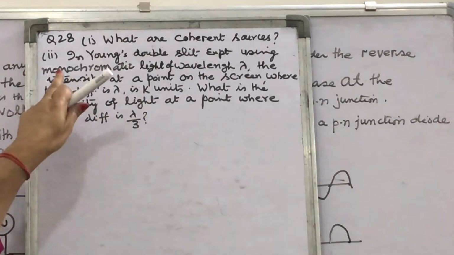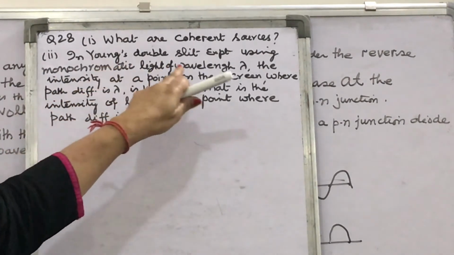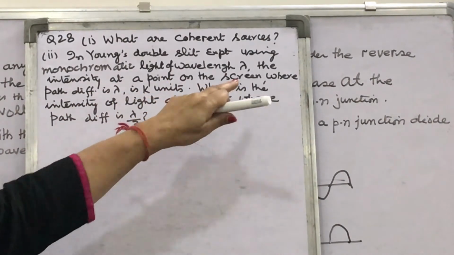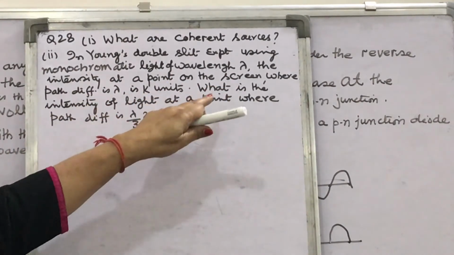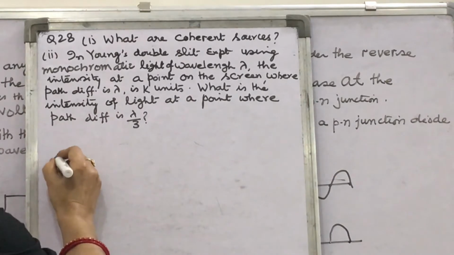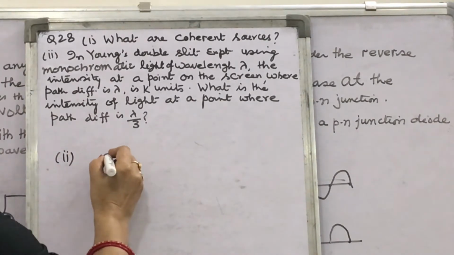See the second part, in Young's double slit experiment, monochromatic light of wavelength lambda, the intensity at a point on the screen. Do you know the intensity formula for Young's double slit experiment? This second part I am going to solve.